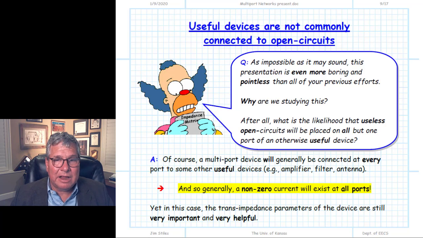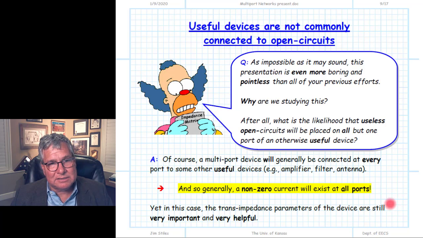We'll connect every port of the device to some other useful port, and therefore every port of the device, generally speaking, will have non-zero current. So why study the case where we only have one non-zero current when almost certainly all of the currents will be non-zero? How will it help us? Will it be useful to us at all?